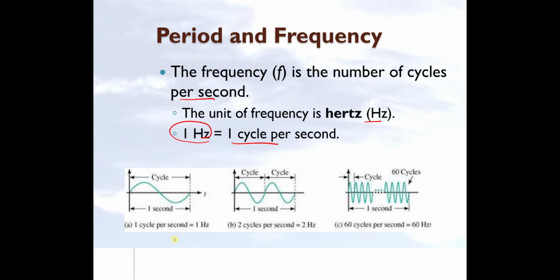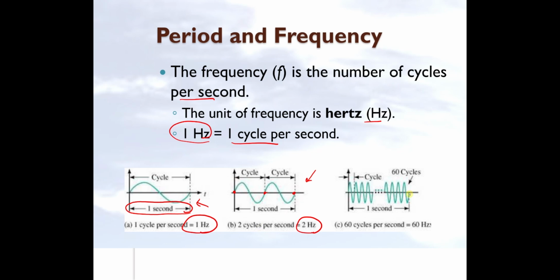So here we have a couple of examples. Within a time frame, if I have 1 cycle, then I say the frequency is 1 hertz. In the second example, I have 2 cycles. So this is cycle number 1, and then cycle number 2. So we have 2 cycles per second, so the frequency here is 2 hertz.